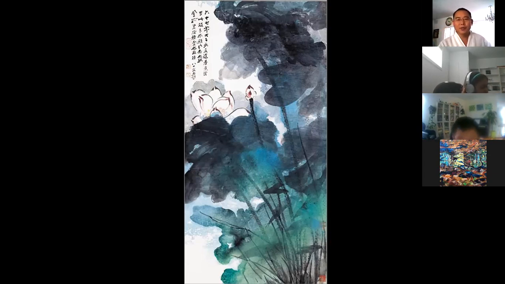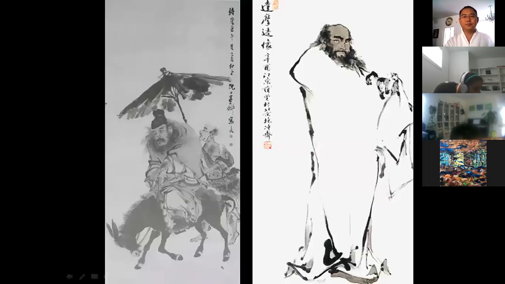Okay. Just try to recreate those visual effects. The best way for us is to use Chinese ink, but since we don't have paint, we can rely on color pencils. No problem.